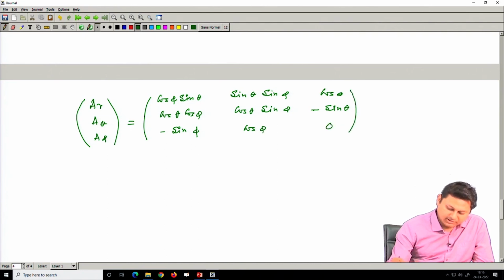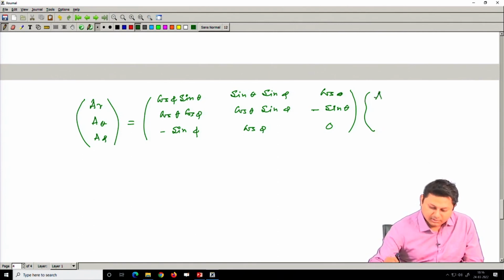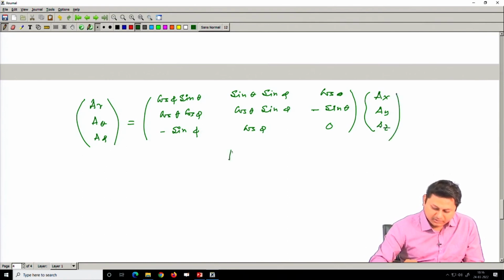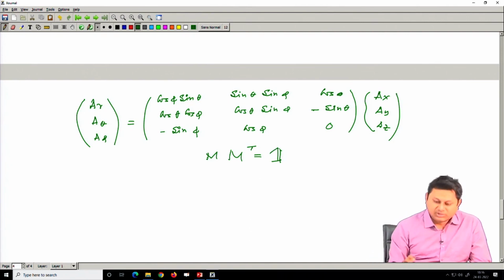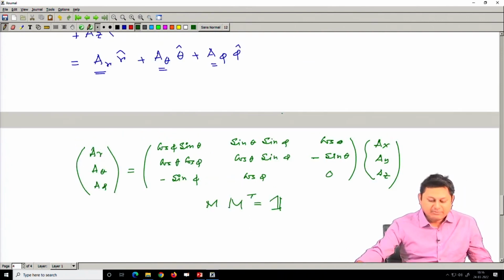This is the same matrix actually, and on this side you should write Ax, Ay, Az. This is your M matrix. So, you can also have the M transpose as its inverse, and using that you can also get the other relationship, which is the same. Okay, I believe you can do that.